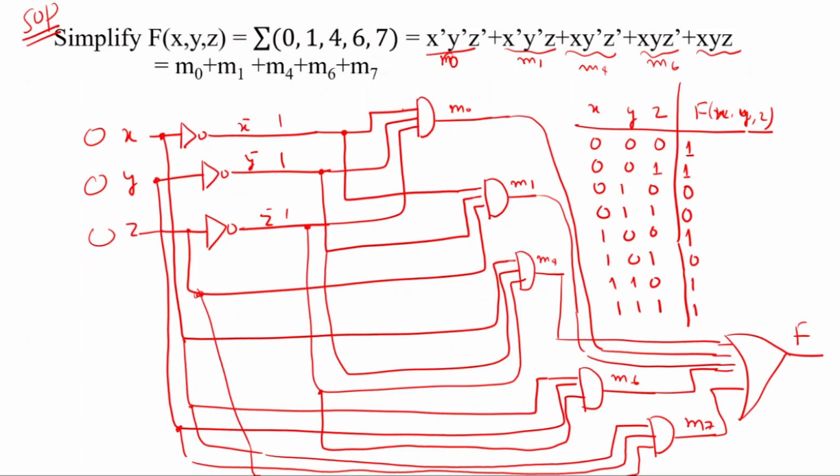This means all the inputs of this AND gate are 1, so this particular output is 1. When this particular output is 1, whatever the output of these gates, it does not matter because this is an OR gate, and once one of the inputs of an OR gate becomes 1, the output is 1. This means in that particular combination, the output is 1. This is already given here.